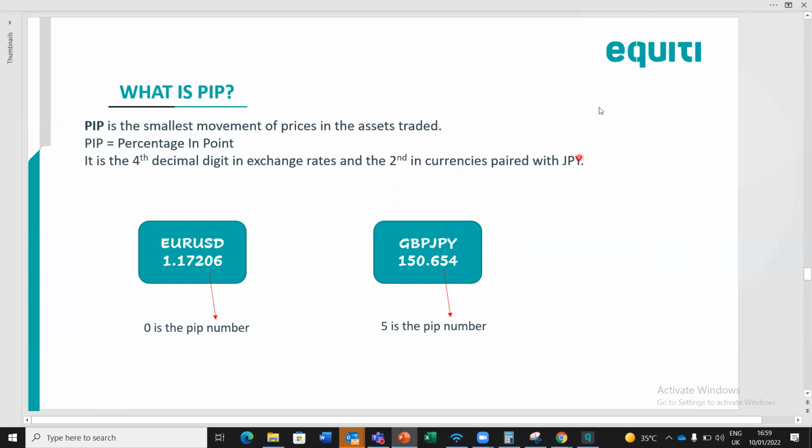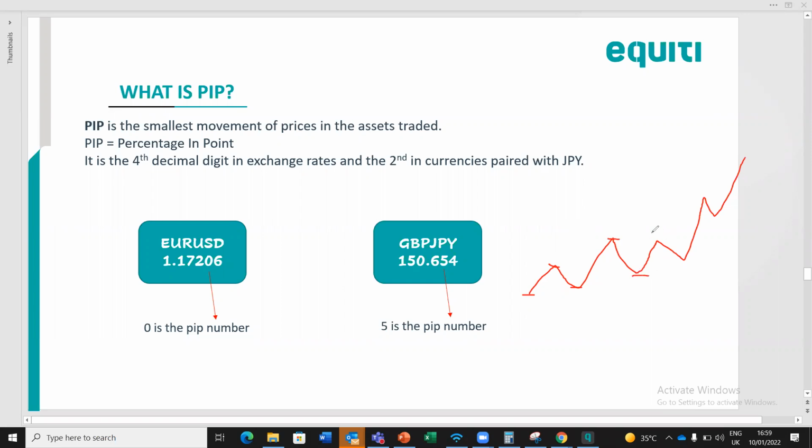Now, when we talk about the pip movement, this is exactly what I mean. Let's assume that this is how an asset keeps appreciating. It keeps moving from one price level to this price level, and then it depreciated back to this price level, and then appreciated again to this price level.